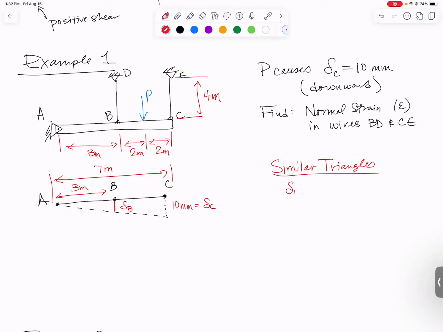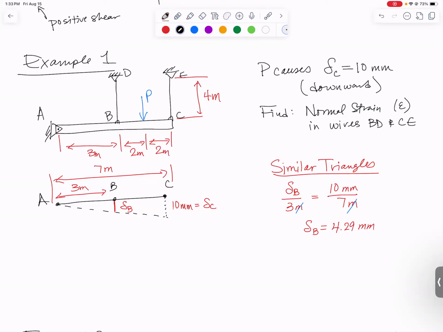I have got delta B is to 3 meters as delta C, 10 millimeters, is to 7 meters. If you want to convert those all into millimeters, you can, but notice that those meters are going to cancel out and we'll get delta B in millimeters. Doing that, we get delta B comes out to be 4.29 millimeters, which should make sense. It should be less than 10 millimeters, and it is.